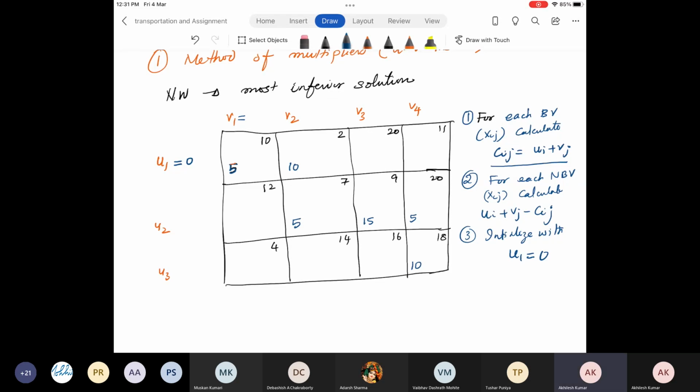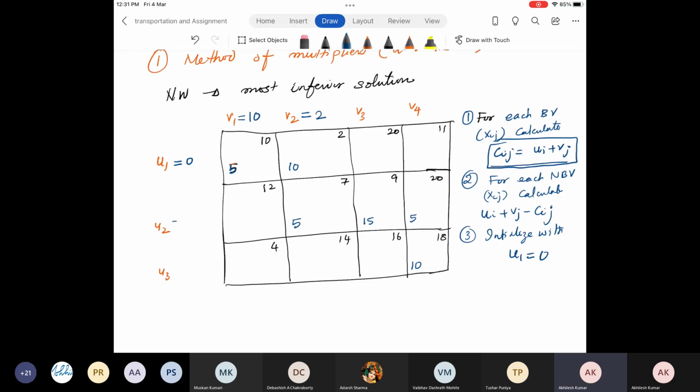If U1 is 0, what does Vj become based on this basic variable? It is the Cij, so V1 becomes 10. Similarly, V2 becomes 2.